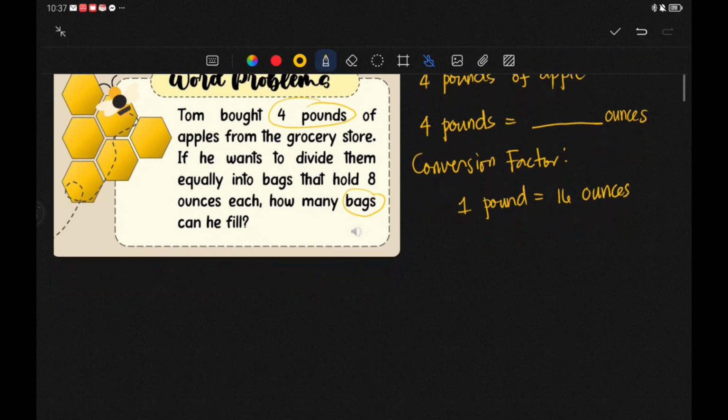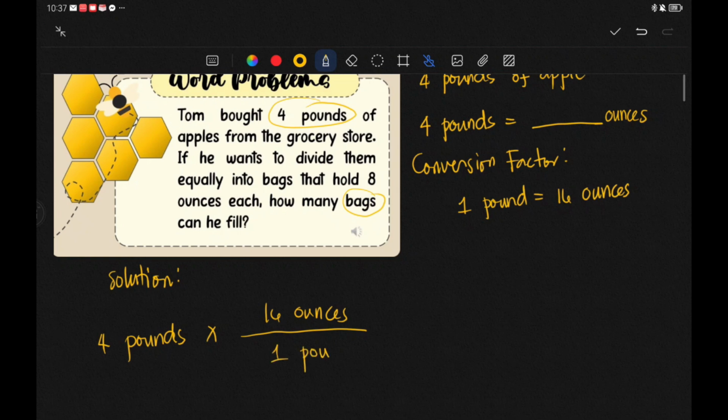So for the solution, we have 4 pounds times 16 ounces over 1 pound. So we cancel pound, 4 times 16, that is 64 ounces over 1. 64 divided by 1, that's 64 ounces.